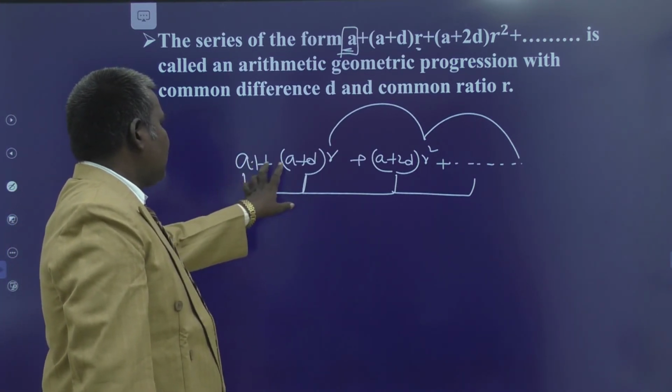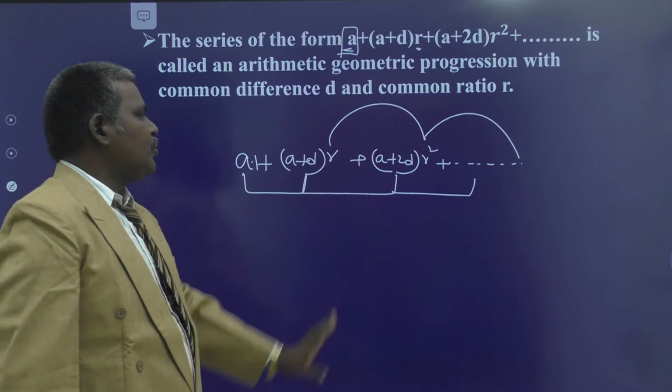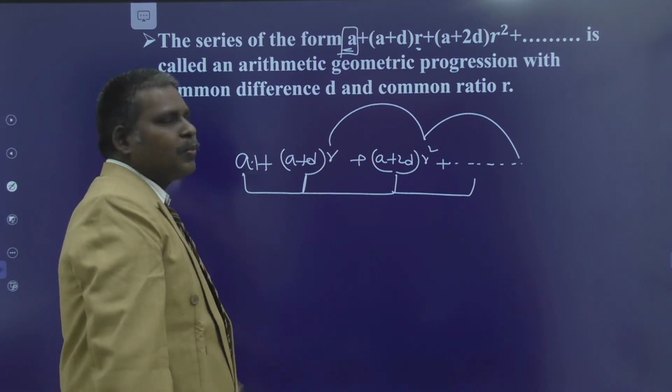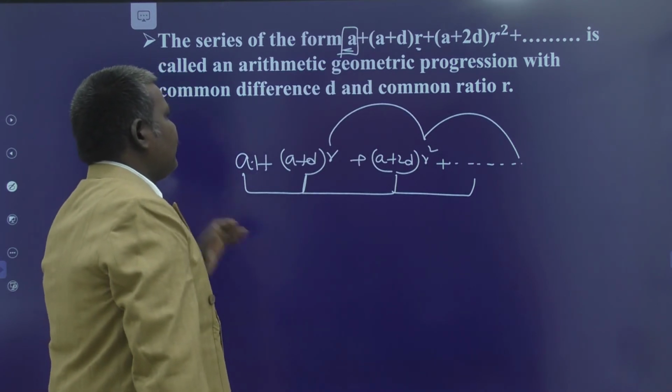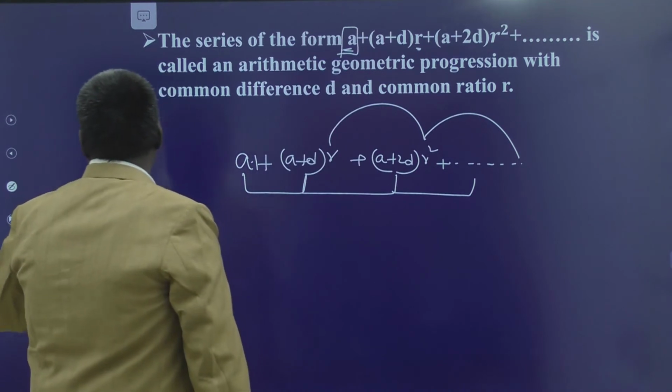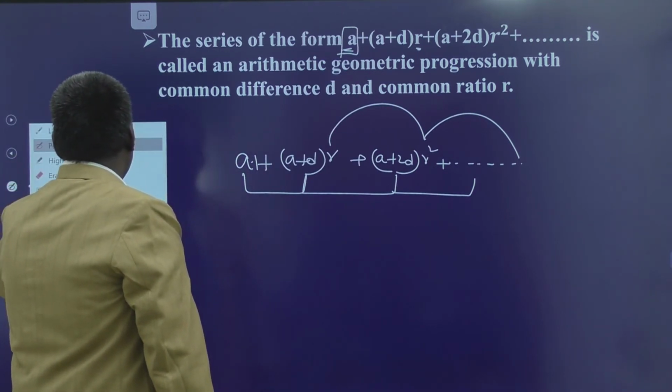So A into 1, A plus D into R, A plus 2D into R square. In this manner we obtain the arithmetic geometric progression. We can find the sum of n terms as well as the sum of an infinite number of terms. Okay.